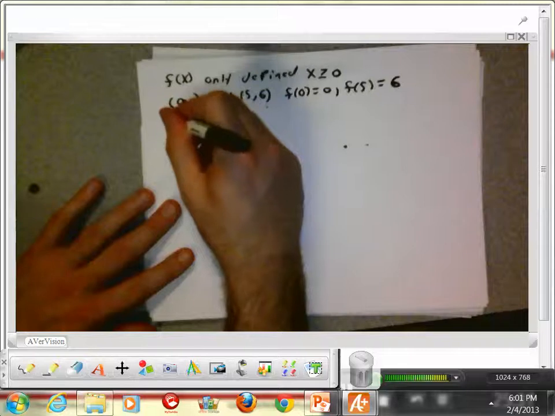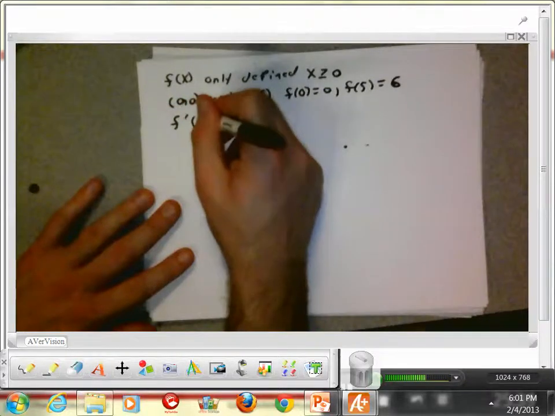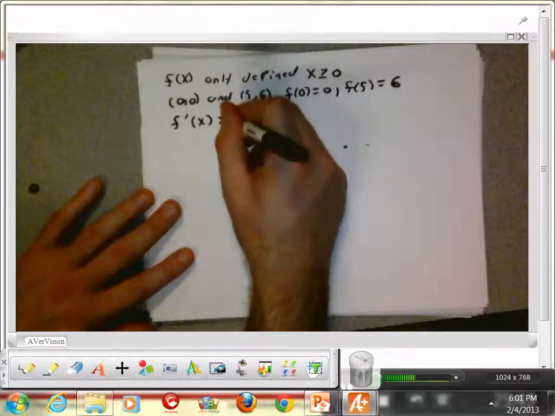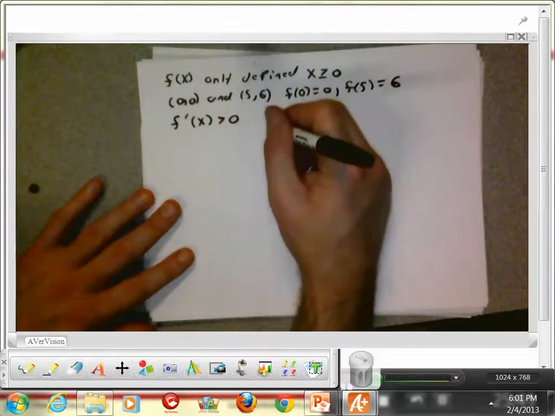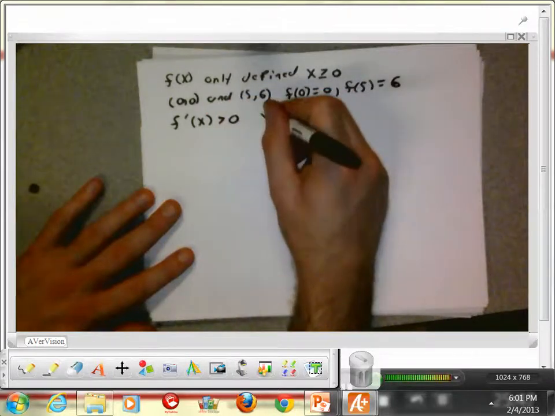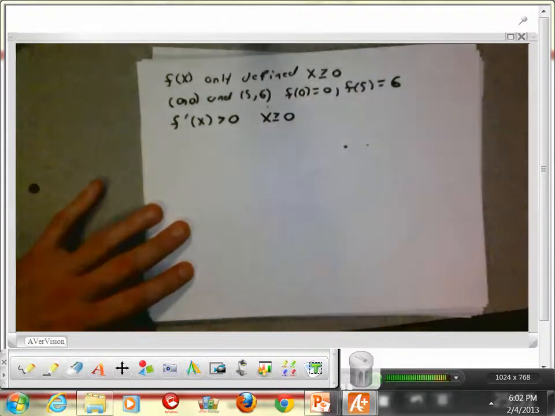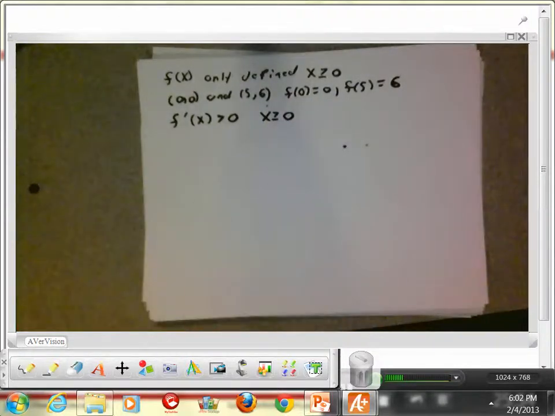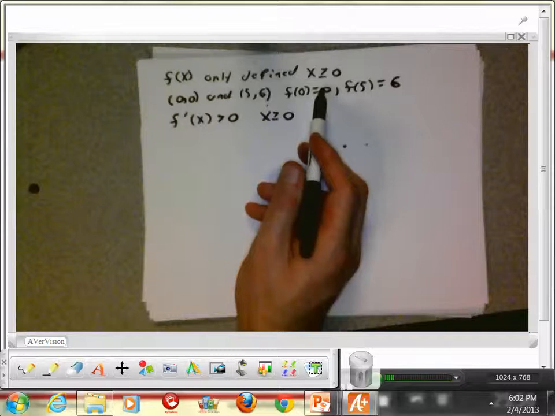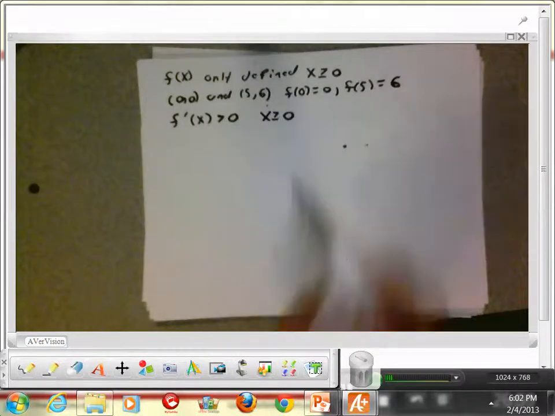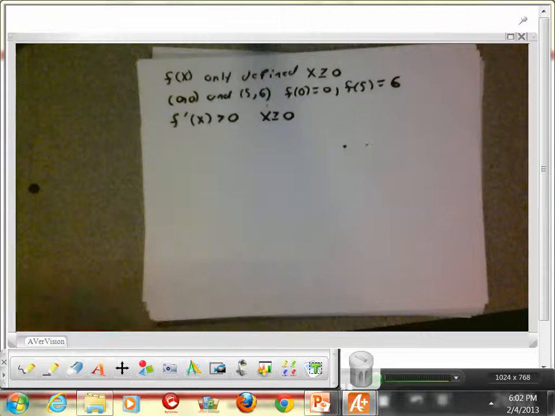So we have f prime of x greater than 0 for x greater than or equal to 0. That means the function is only defined for x greater than or equal to 0, and as long as we're greater than 0, the function is going up.